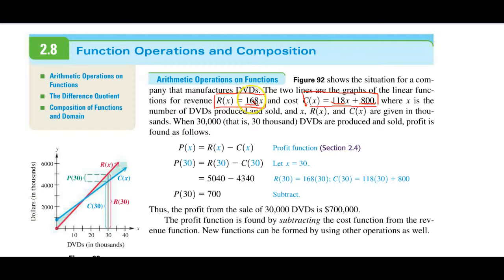Now, these are linear equations, so they produce a straight line graph. And as you look at the revenue, what is your y-intercept? Well, you might say there's nothing out here. So this indicates your y-intercept is going to be at 0. So this red line is for your revenue.